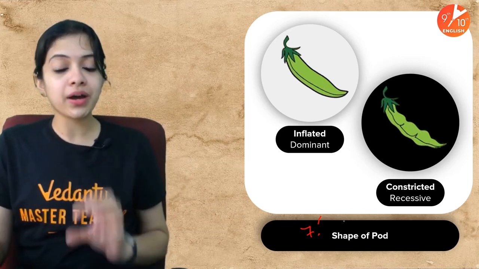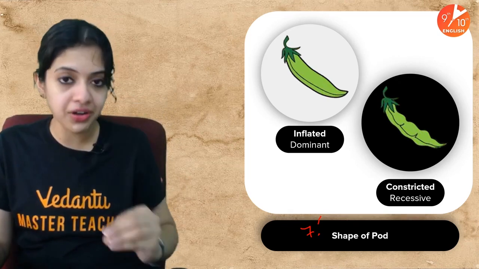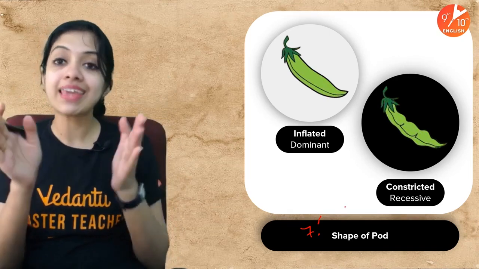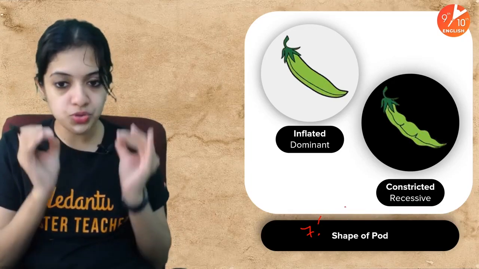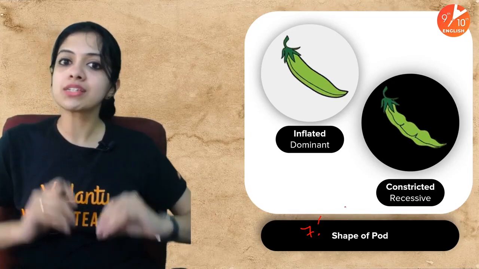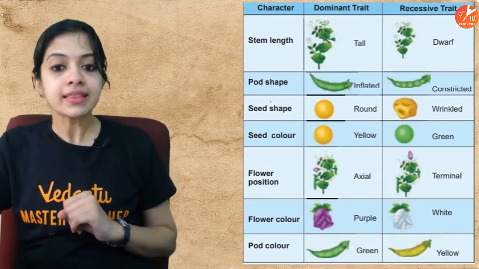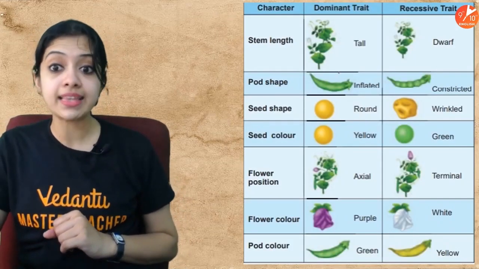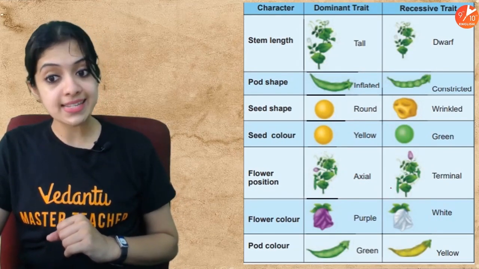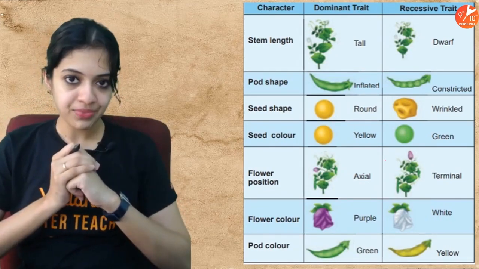Okay, so these were the 7 pairs of contrasting traits, or the 7 characters that Mendel chose in the pea plant to carry out his monohybrid and dihybrid experiments. Let's quickly summarize them. These are the 7 different characters, and these are their dominant and recessive traits respectively.